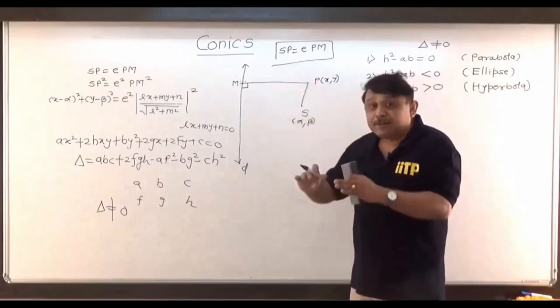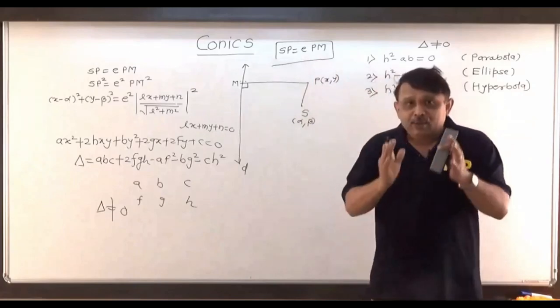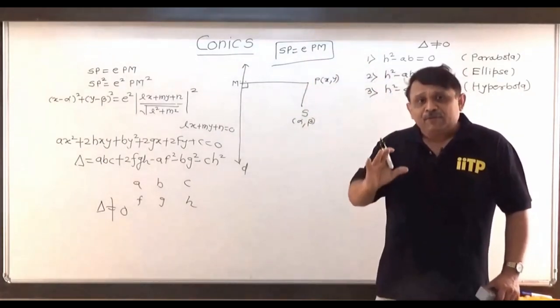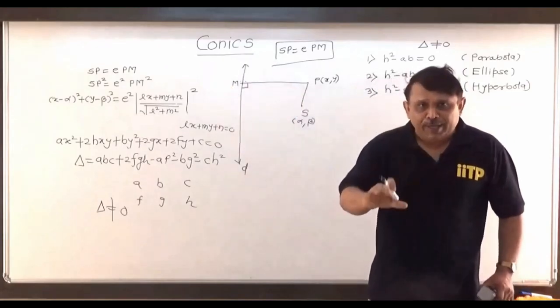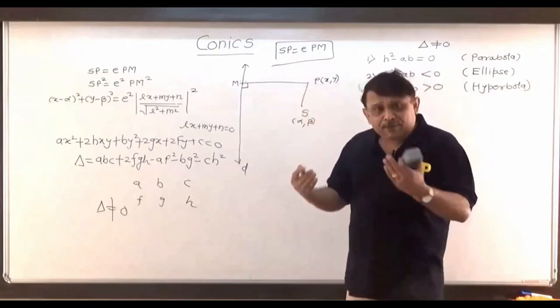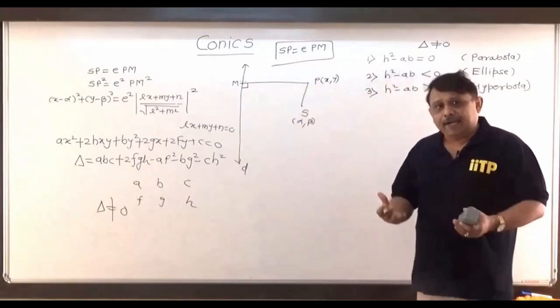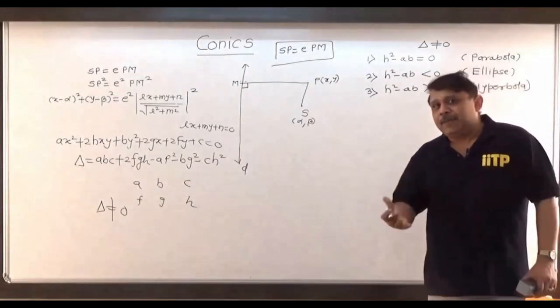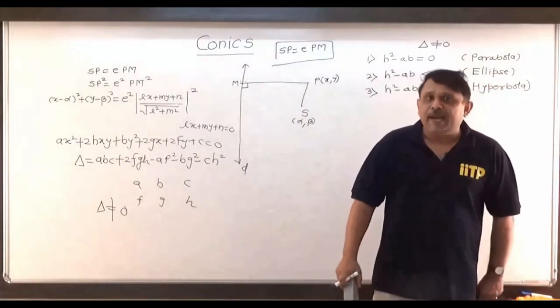So everything is concerned with the focus and directrix containing this E. If it is satisfied, then we get the equation of conic. And you know that when E is equal to 1, it is a parabola. E less than 1, it is an ellipse. And when E is greater than 1, it is a hyperbola. This way, the conic can be classified into 3 classes: parabola, ellipse, and hyperbola.